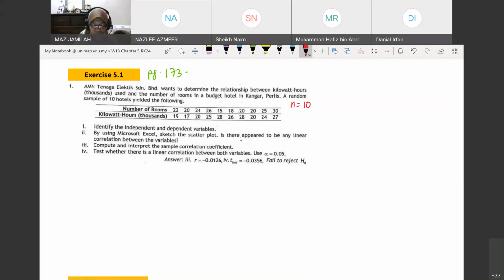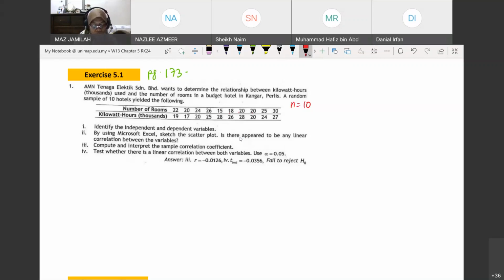We may say it could be the more rooms are used, the less could be the kilowatt hours. We cannot say the more rooms, the more kilowatt hours. Is it correct?